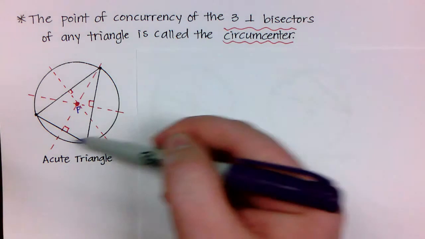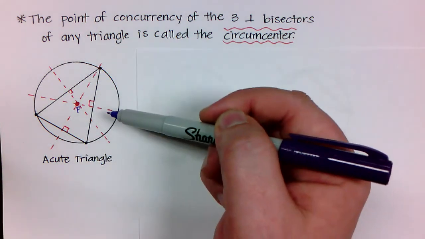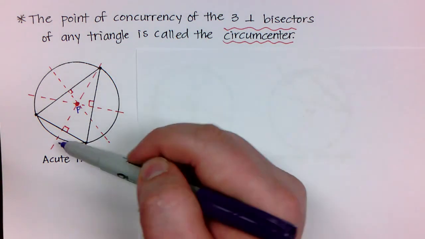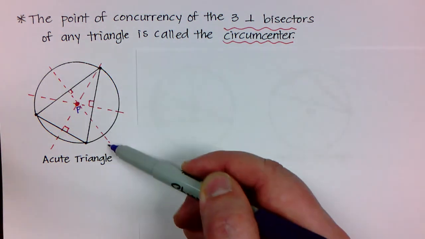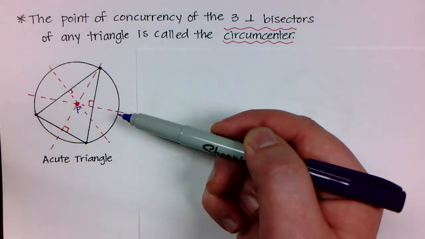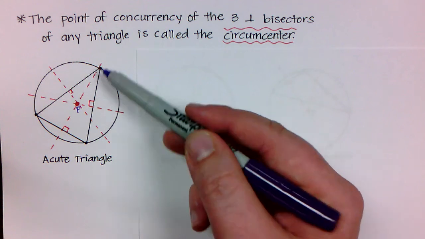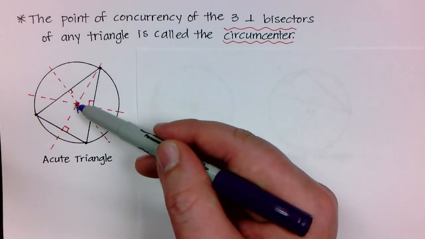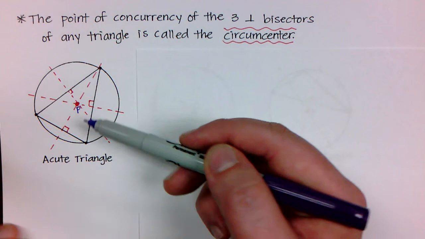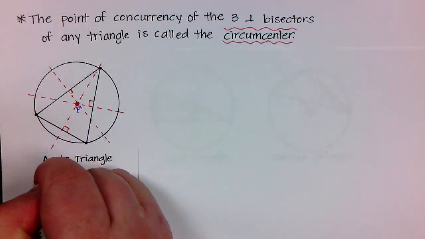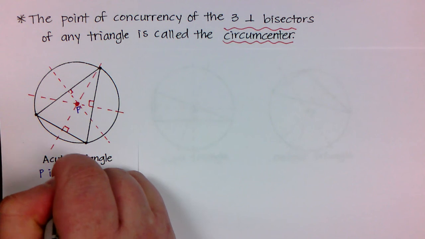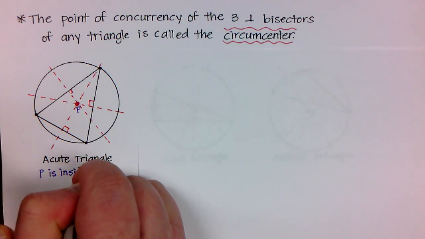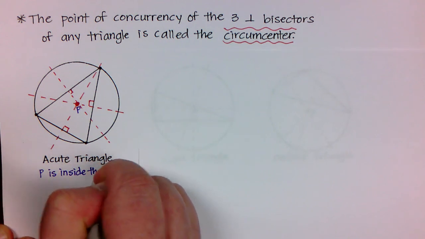And if I put this inside of a circle, okay, and I have an acute triangle, as you can see right here, I already drew all three of the perpendicular bisectors of each of the sides of the triangle. And where they meet is inside of this triangle. So that point P, that circumcenter, is inside the triangle.